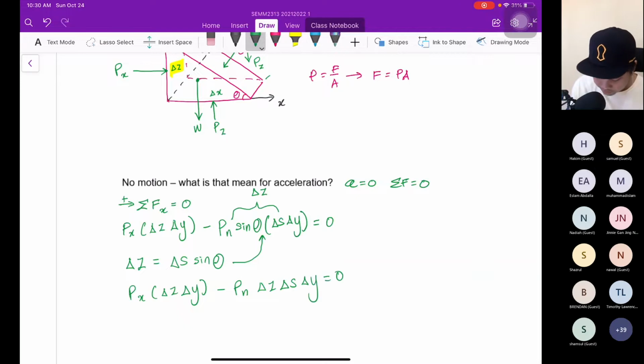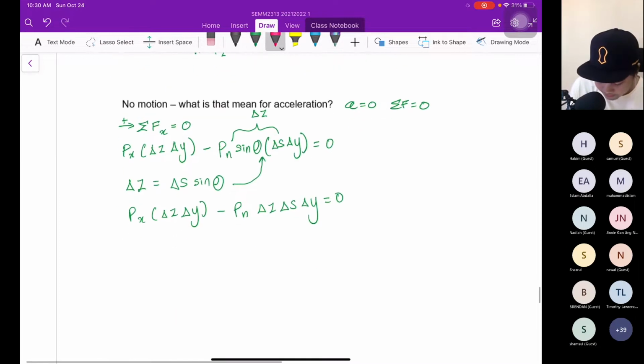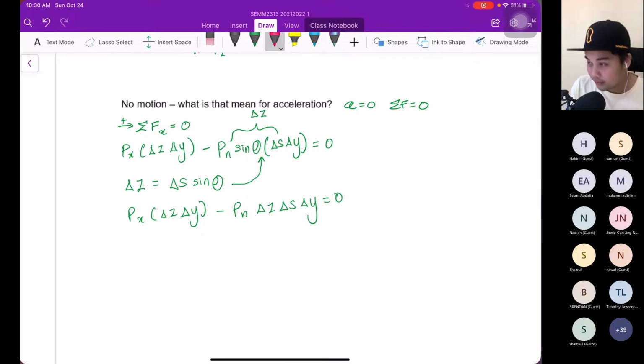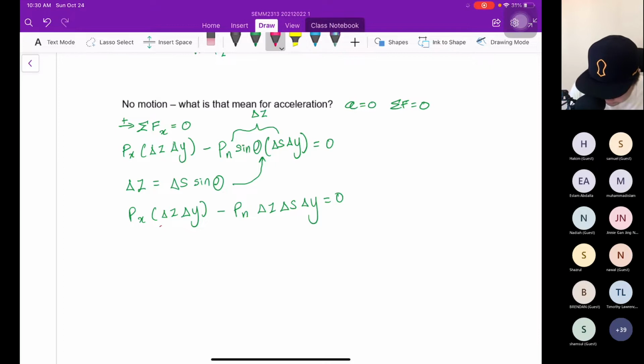Equal to 0. So what do you think next? Of course, we need to eliminate the same terms. After we have this, we can do the elimination. This is basic delta z, or we can factorize: delta y, delta y. So what do we have now?